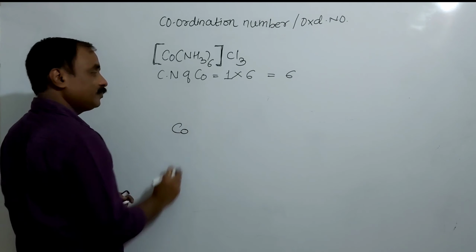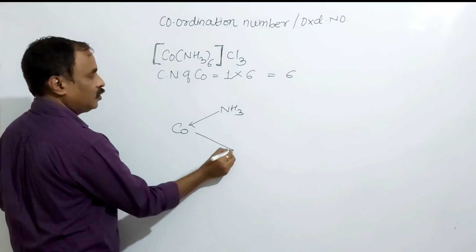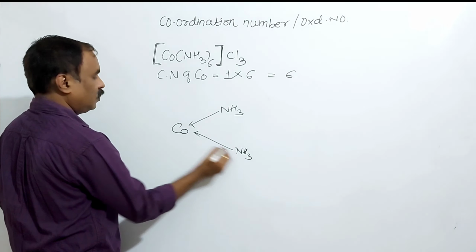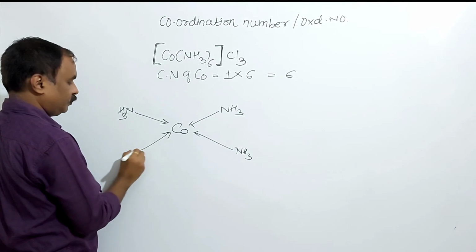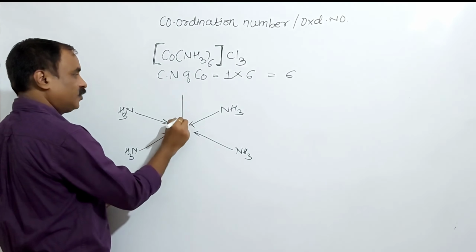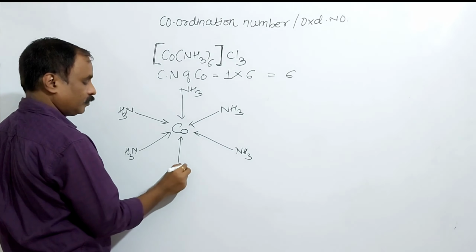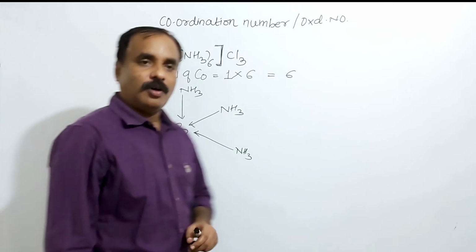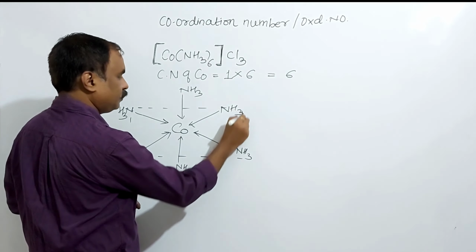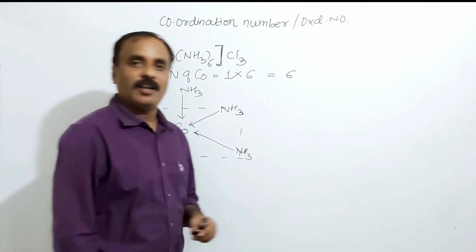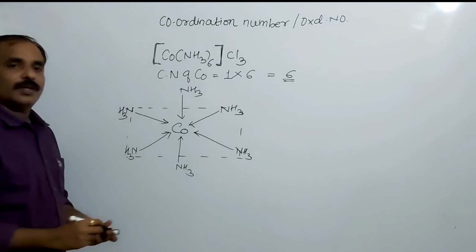So here it is cobalt, ammonia, second, third, fourth, fifth, sixth. The geometry of this complex is octahedral, like this. So the coordination number of this complex is 6. Another example.